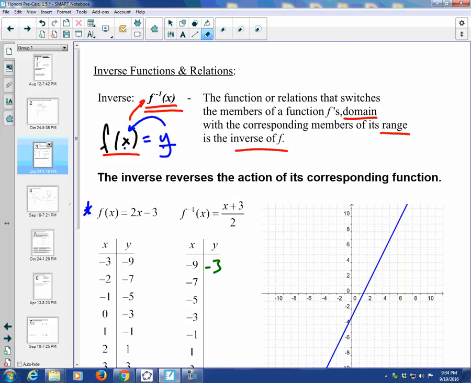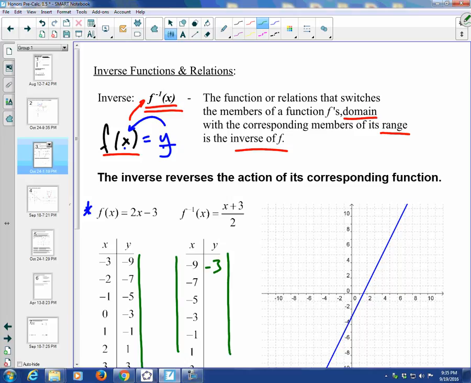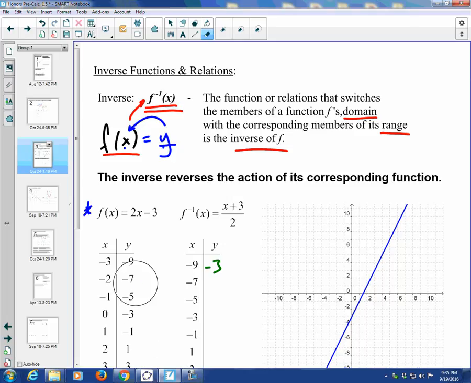But how do we know it's going to work for every single output, right? So we could go ahead and plug in all the y values as x values and see if we get their corresponding x values. But that's going to be a long process, right? So what we want to do is be smart about it and think about what f is doing and what f inverse is doing. So f as a function takes an input and first multiplies it by 2 and then subtracts 3, right?